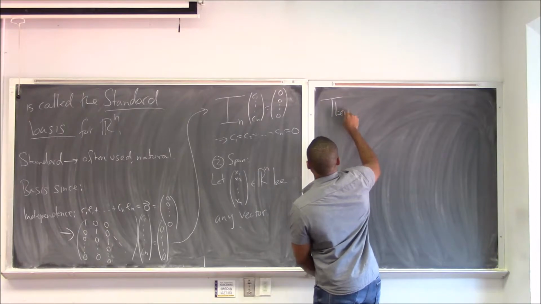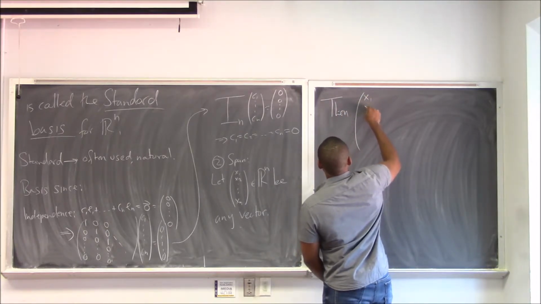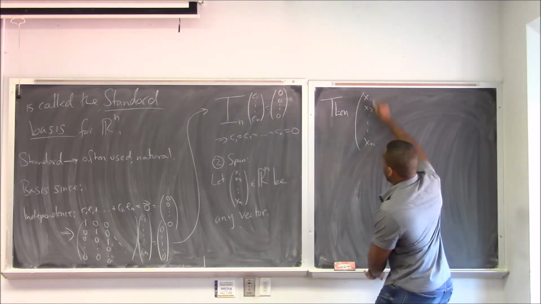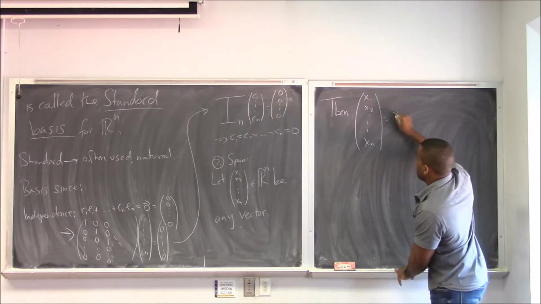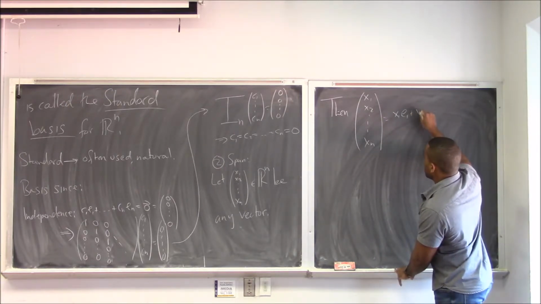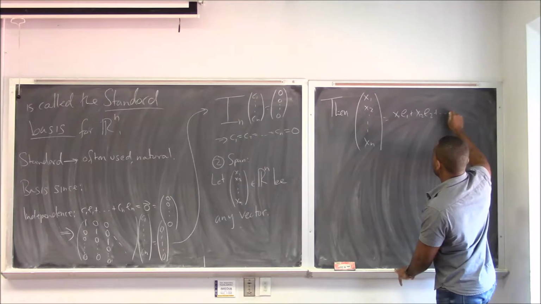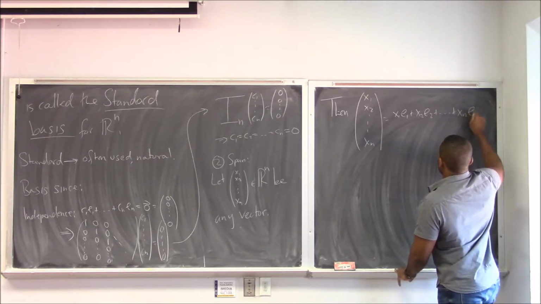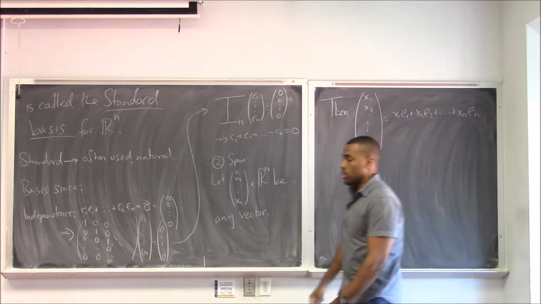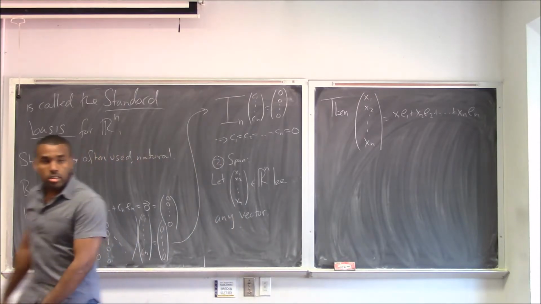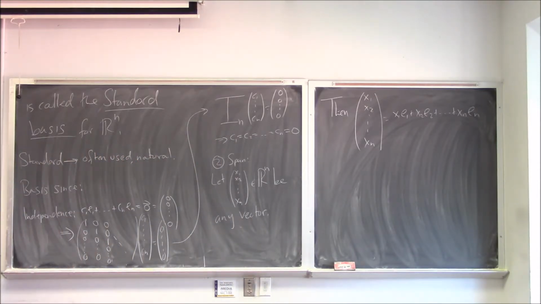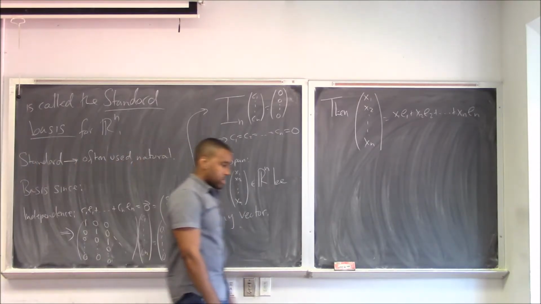Then I can write (x1, x2, ..., xn) as x1 times E1 plus x2 times E2 plus ... xn times En. So this is an independent set of vectors and they span the set. Therefore they form a basis.